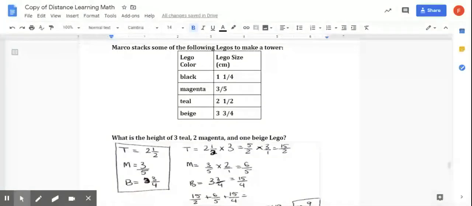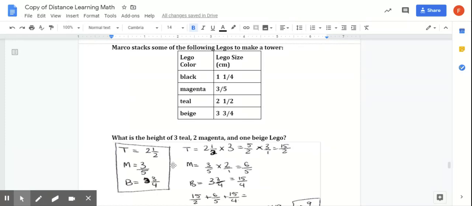Now for our last problem, we have Marco stacking some of the following Legos to make a tower. So we have a key that lets us know the Lego color and the Lego size in centimeters. The problem asks us, what is the height of 3 teal, 2 magenta, and 1 beige Lego?